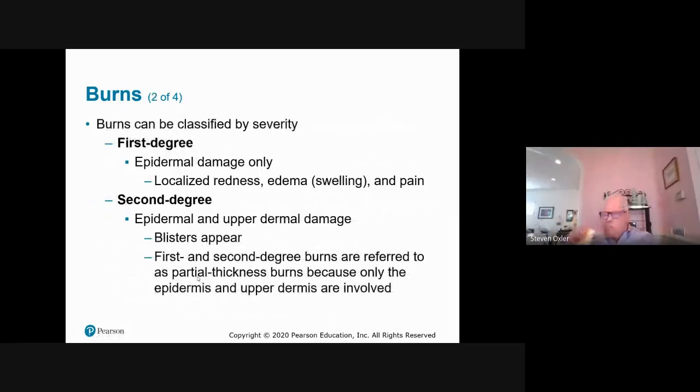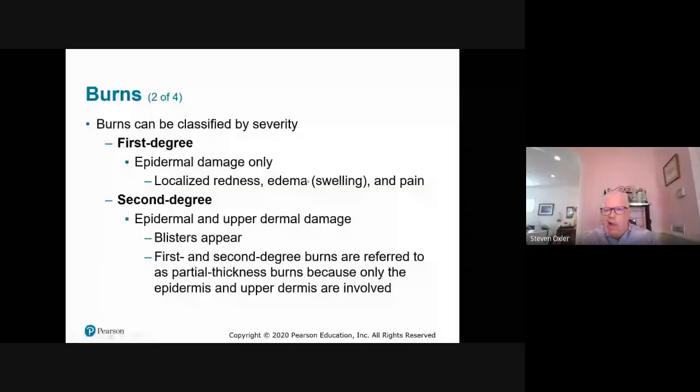Burns are classified by severity. First degree. First degree is only the epidermis is damaged. This is a sunburn. Localized redness, localized edema or swelling, and pain. Second degree. Second degree means that the epidermis and the upper dermis are damaged.